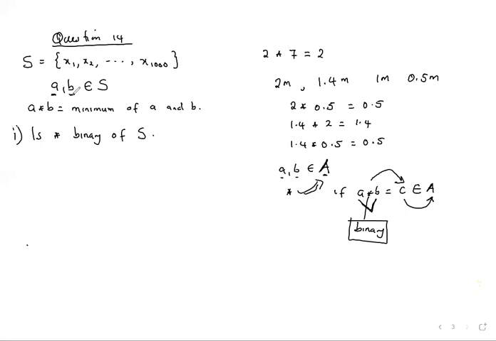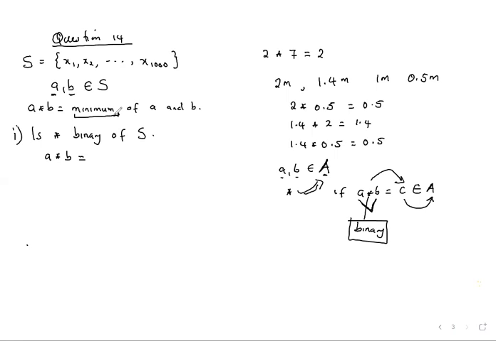All those are heights of the students. If you pick two heights, A will be a height, B will be a height, and the answer must be the minimum of the two.